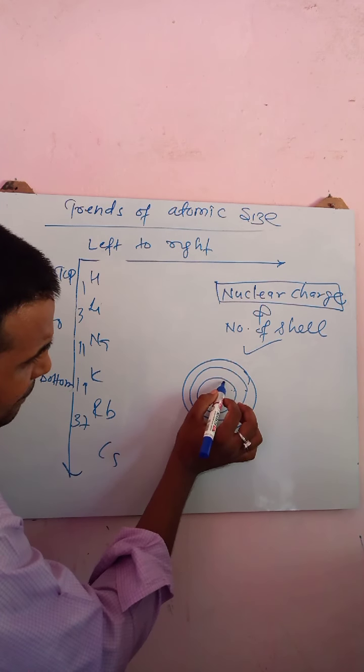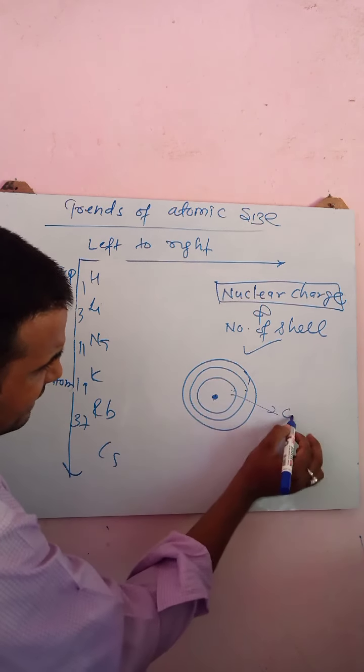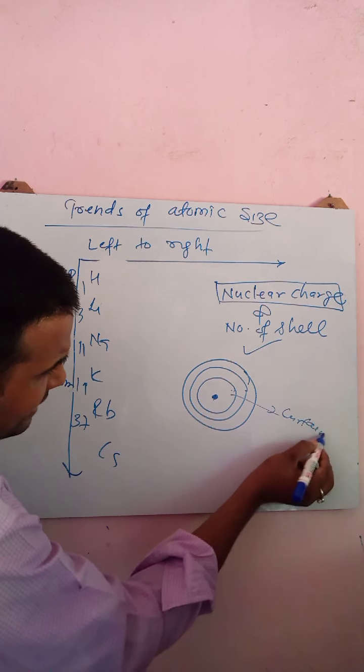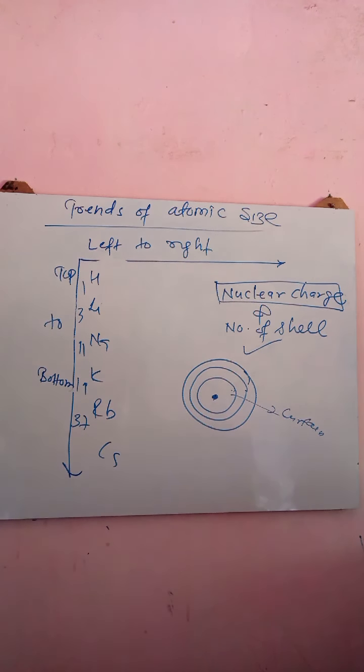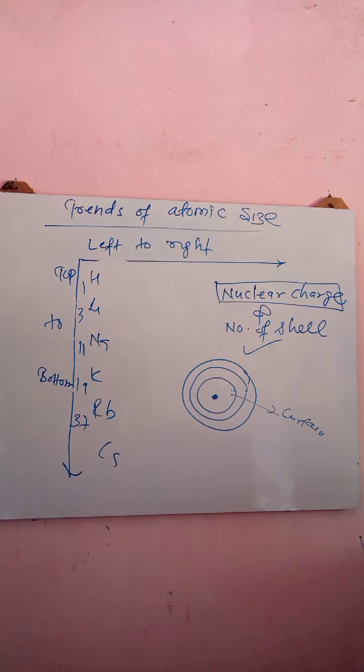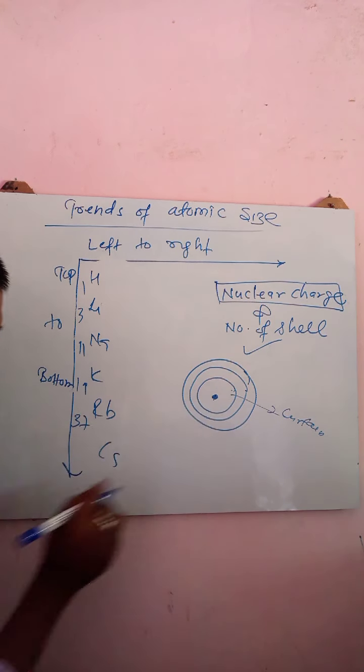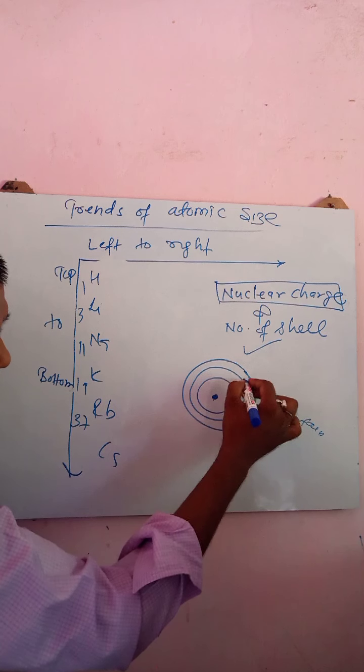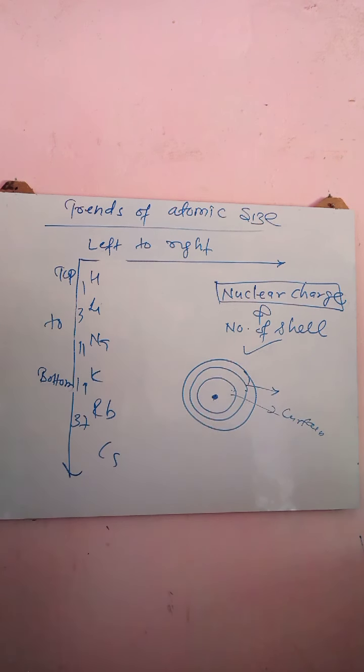These shells will play the role of a curtain here. You can imagine that they will play the role of a wall between the outermost shell and the nucleus. So the effect of this nuclear pull will be hindered by the number of shells present between the nucleus and the outermost shell.